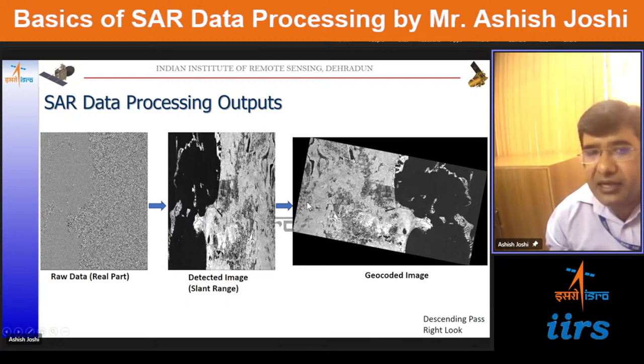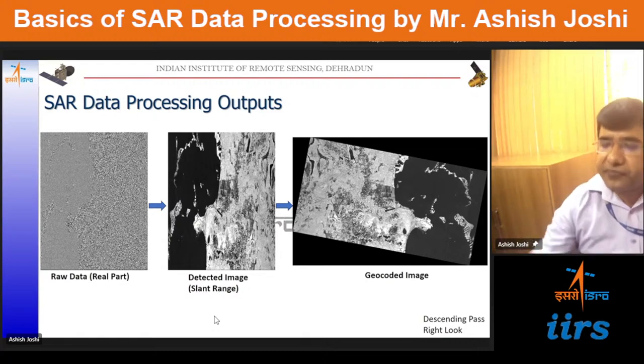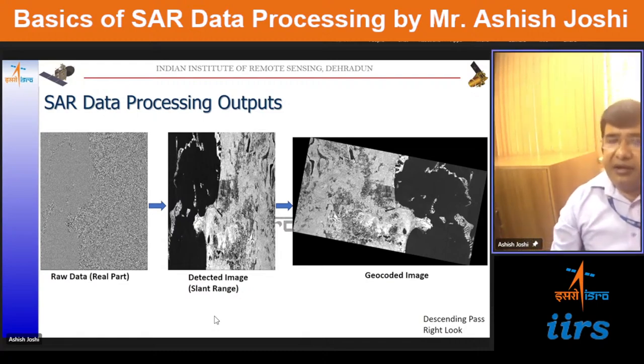Here you can see the ocean coming on the left side, but actually it is on the right side. By doing these geolocation and geocoding procedures, or post processing procedures, we have correctly geometrically corrected the data. So these are the basic data processing concepts.